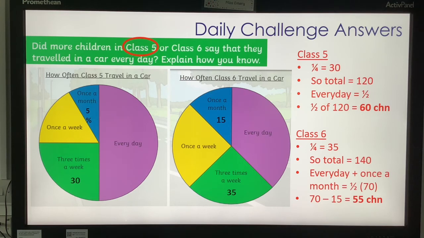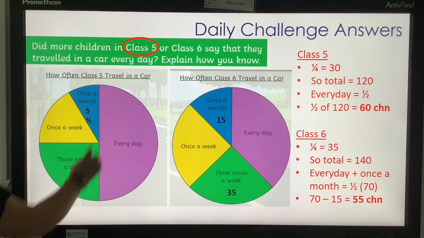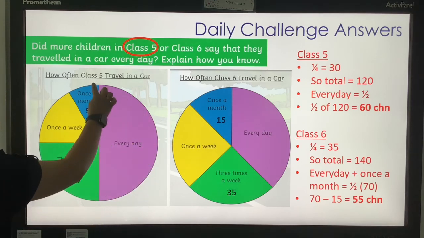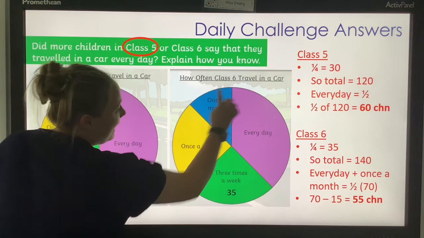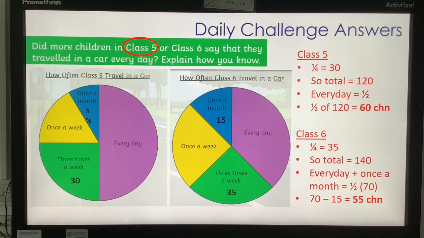So very well done if you said class 5. Now some of you may have jumped straight to class 5 and said class 5 because it's 1/2. Now yes, I can see that. 1/2 is a larger segment, a larger proportion than this proportion here. However, there are different numbers of children in the class, so we can't use that to compare it. We have to calculate it properly.